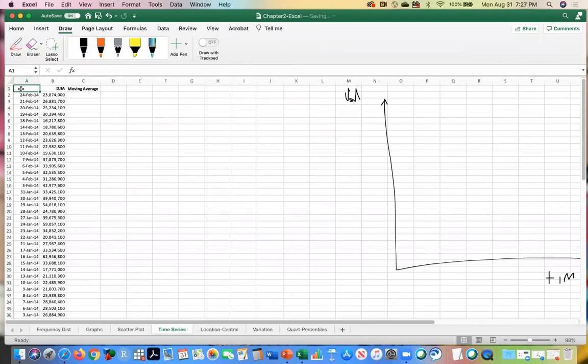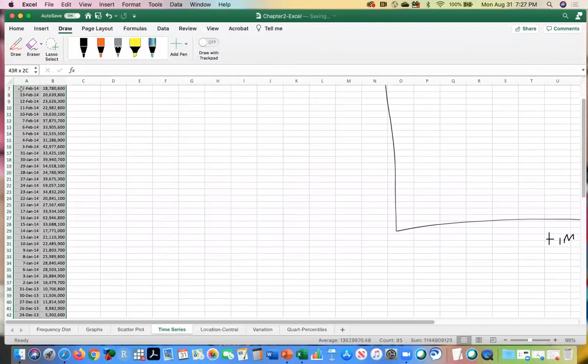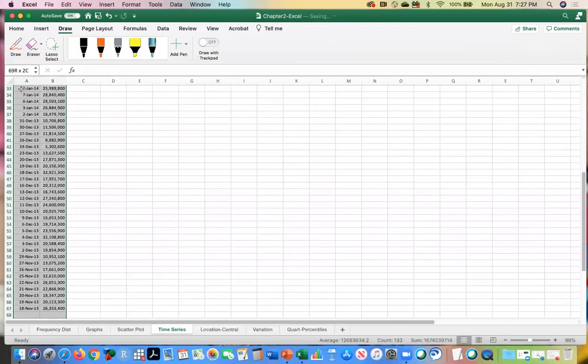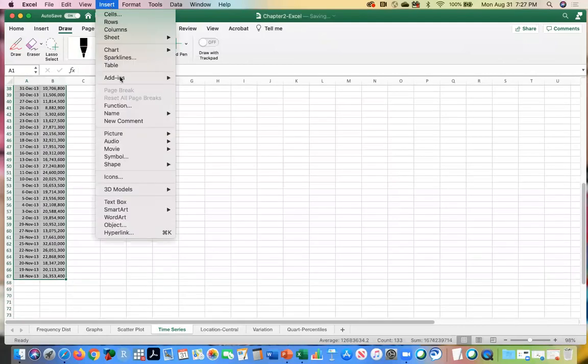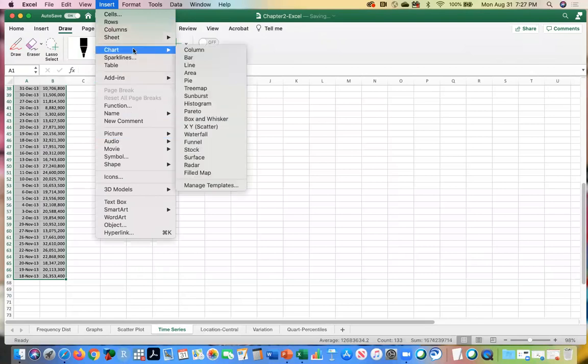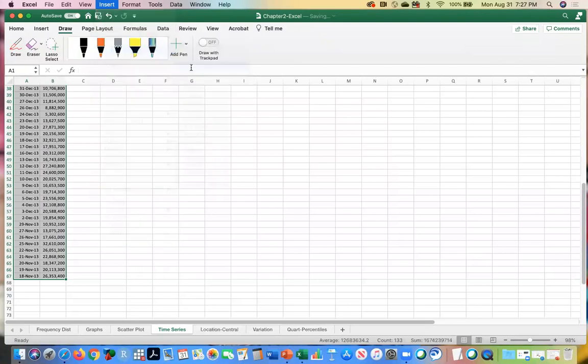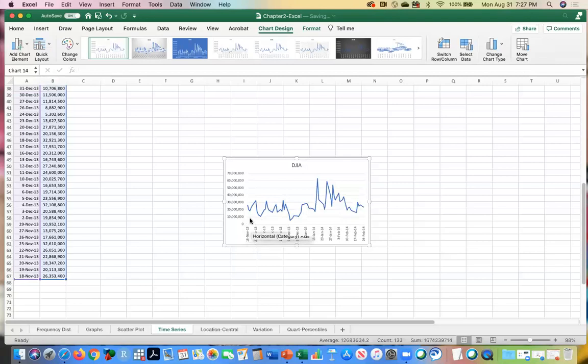So what I'm going to do here is highlight this information, and I am gonna create a line chart. So insert, chart, and line, right? So I can see the information, even though I didn't have to make any arrangements.